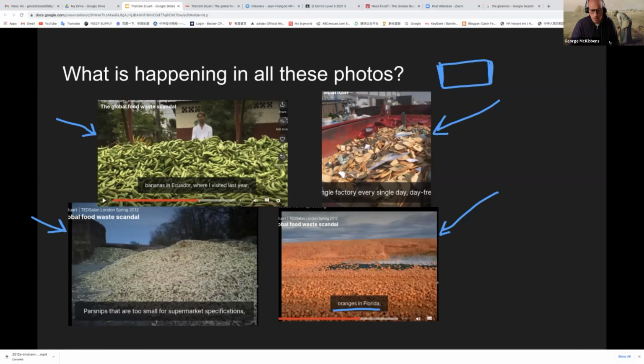So for breakout rooms, I was going to add these pictures, but I didn't copy them to the next slide. It's okay. I'll just put it right here. Discuss some of Tristan's photographs from around the world. And here's the question for breakout rooms. What are some better ways to prevent food waste?